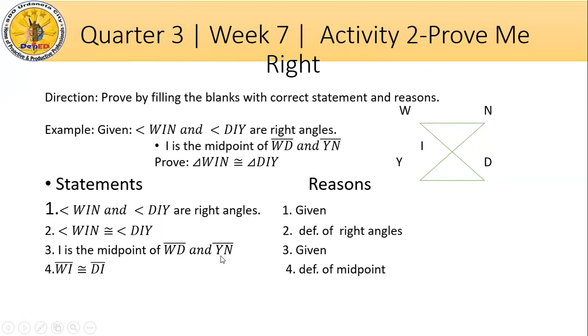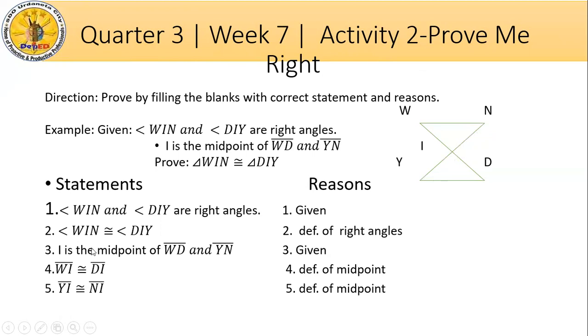What about YN? What happens to YN if I is the midpoint? Therefore, YI is congruent to NI. Again, the reason is the definition of midpoint. The midpoint divides the segment into two equal parts.